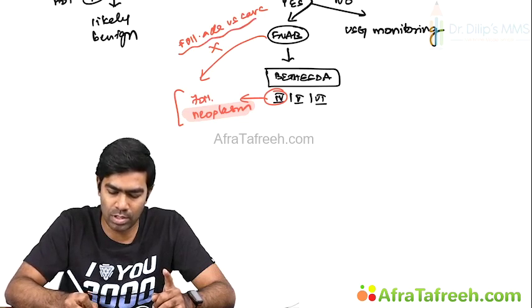You know this point very nicely because this is what has been asked since your second year exams, isn't it? FNAC cannot determine a follicular adenoma versus a follicular carcinoma because the definitive diagnosis depends on whether you see capsular invasion or vascular invasion or not. Clear? Very, very important point. So that's why you need a biopsy, and often we do a surgery.